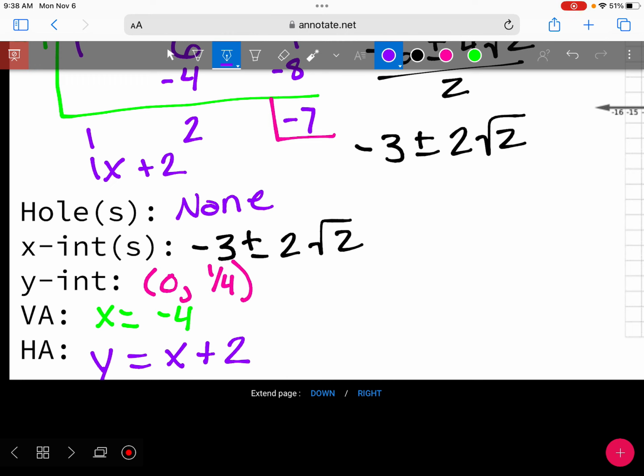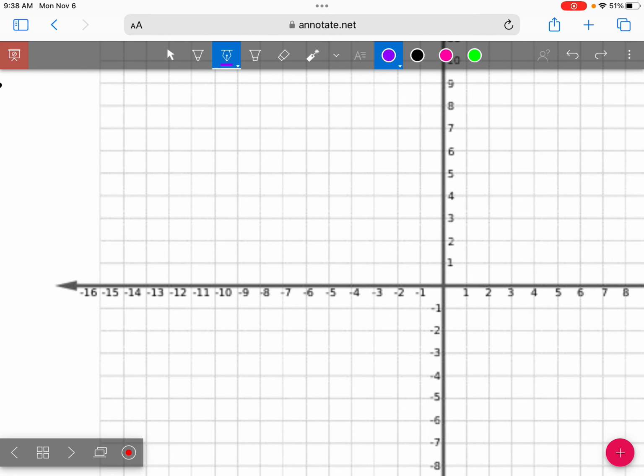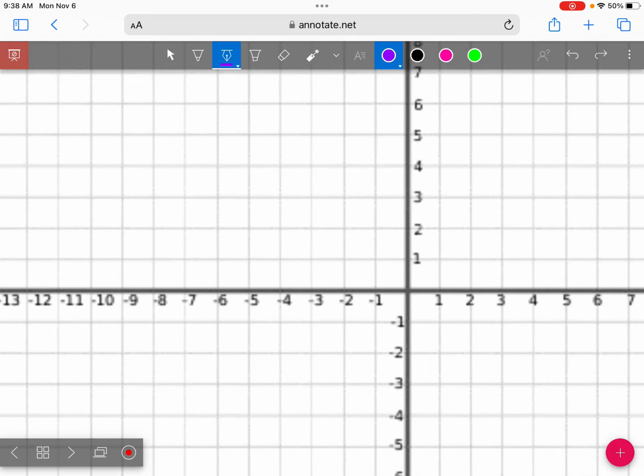So let's graph that line, y equals x plus 2. I'm going to start right there. How do we graph that? It's been a hot minute since we graphed a line, so let's remember. Our slope is 1 over 1.